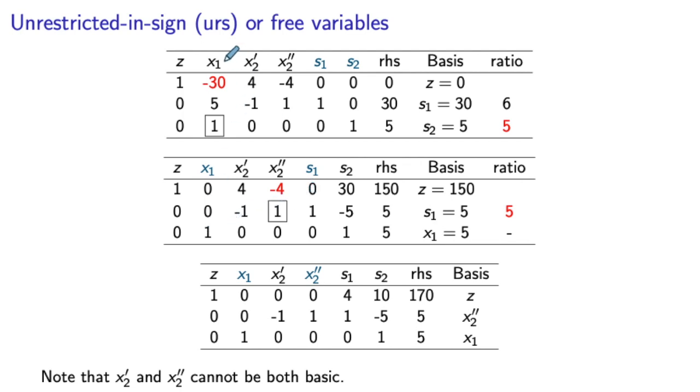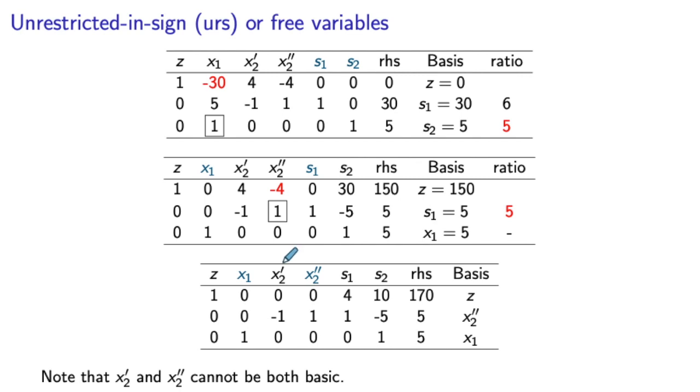For example, if we do a simplex iteration here, this row wins the ratio test, x1 is the entering variable, we do the pivot, and we can see that the coefficients for x2' and x2'' are always the negatives of each other in all the rows of the simplex tableau.